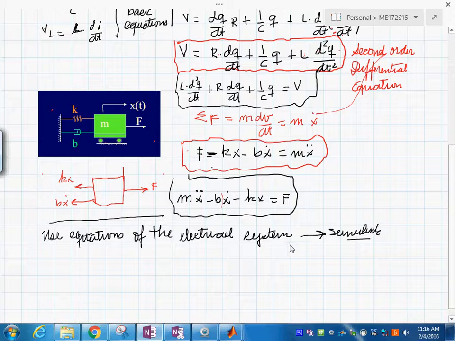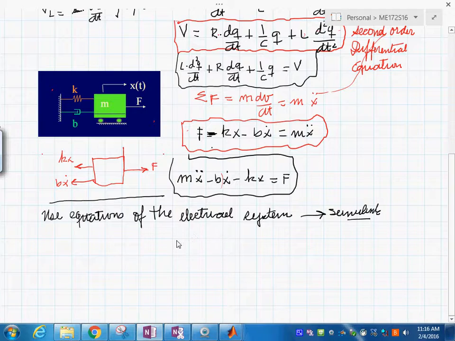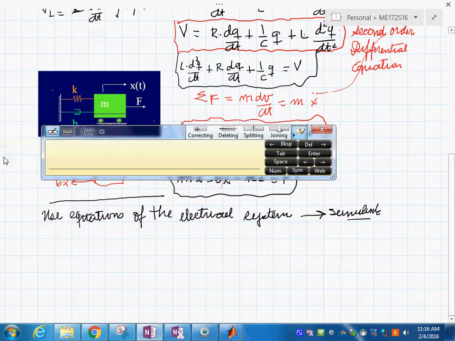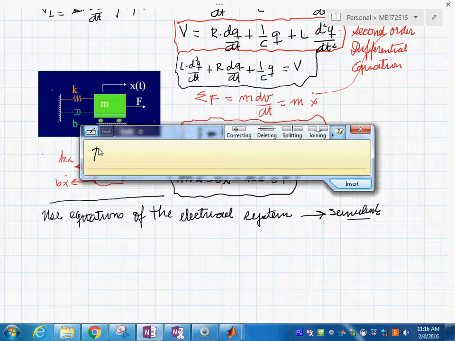So a block diagram is always a representation of a mathematical equation. I think that I am going to write it down in here, so that you'll remember.